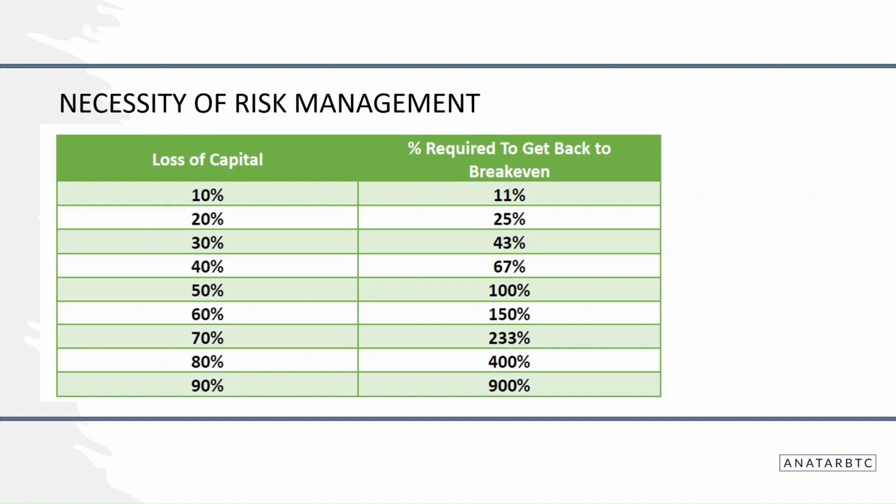Similarly, if we lose 50% of our portfolio value, then we need to make 100% profit on the remaining value to even get back to break even value. So it is necessary to manage the risk and lose capital in a systematic way if we are on wrong side of trades, instead of losing bigger chunks in less number of trades.